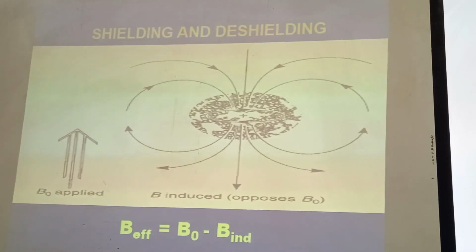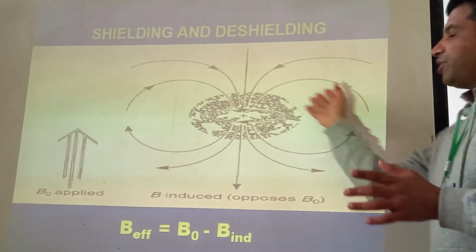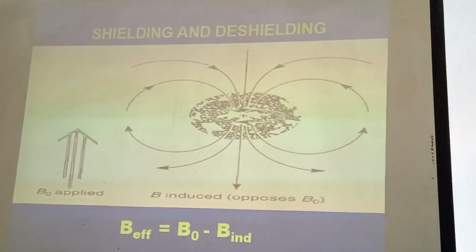Each of these nuclei, these hydrogens, have some amount of electron cloud, or electron density, around them. And you know that electron density means current. You know that when current flows inside a wire, it produces a magnetic field.